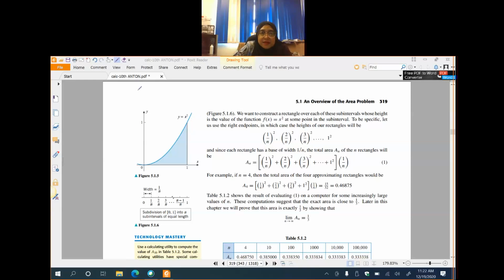If you want to find the area under the curve for this function x squared with respect to x, where x is equal to 0 up to 1, you will get x cubed divided by 3, with x from 0 up to 1, which gives you 1/3.